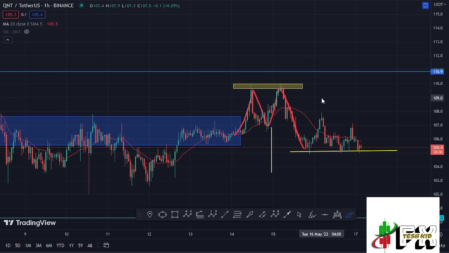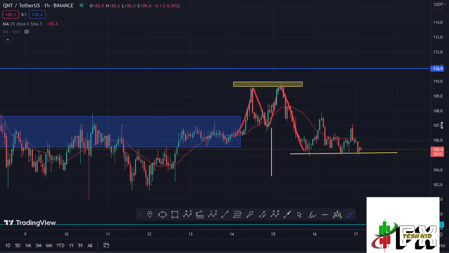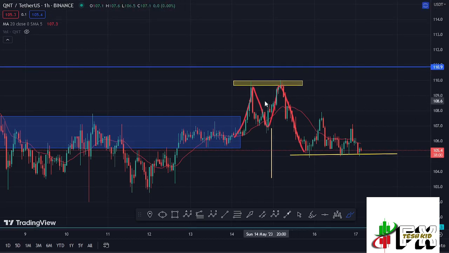And in my previous video, I focused on a chart pattern that I had here on the 1 hour chart, which is this double top, where we had our common top at around the $109.8 mark, and I was able to draw out the chart pattern having that as the first top.